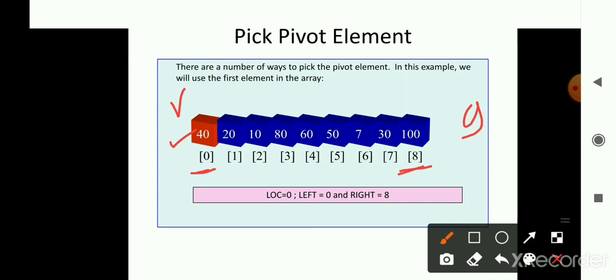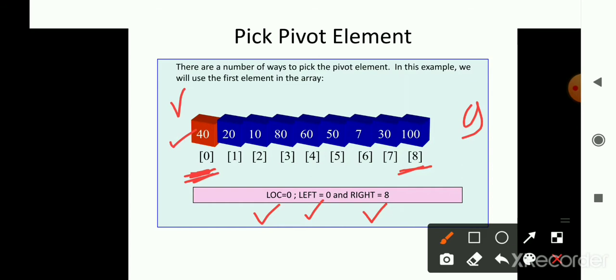Now we have some variables here: first is location, loc is equal to 0, left is equal to 0, and right is equal to 8. First we choose the pivot element, so the location will be 0. The first element we choose as pivot, so location is 0. Left is again 0 because we have to choose the leftmost element here.